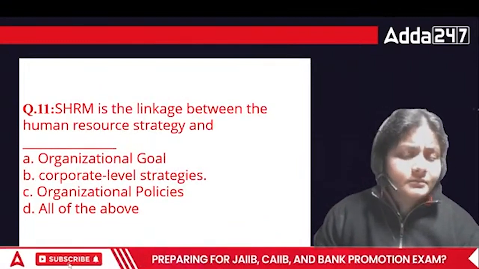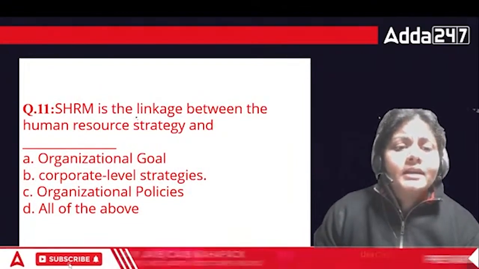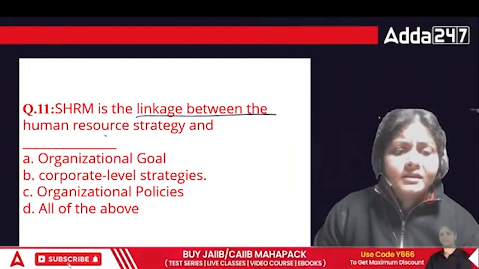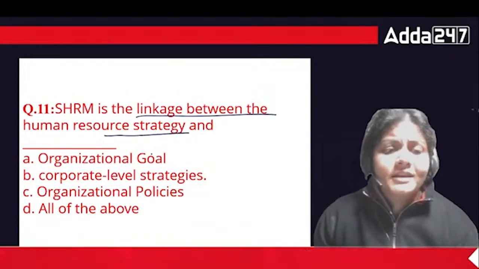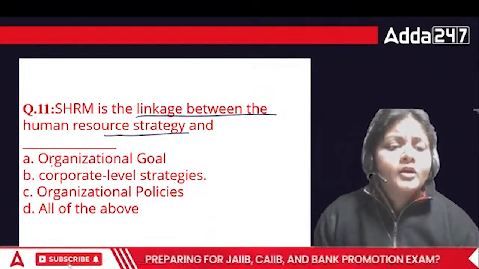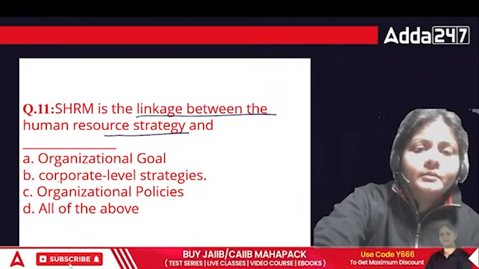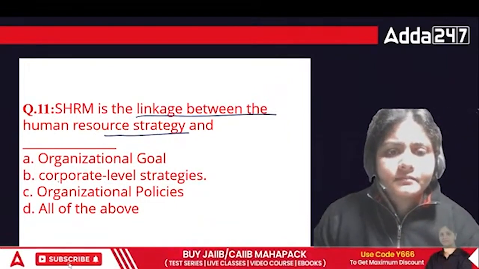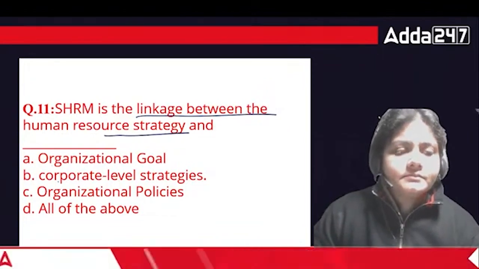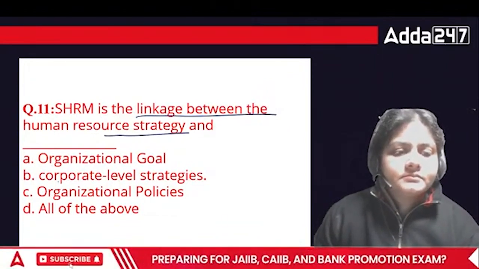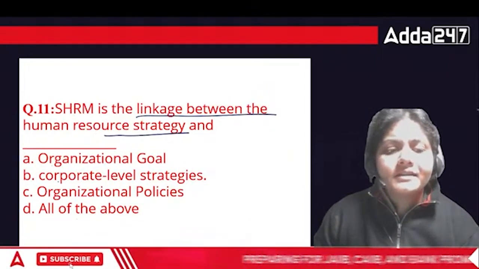Next, SHRM is the linkage between the HR strategy and option A, organization goal, corporate level strategy, policies, or all of the above. Which one is the right answer? What is the right answer exactly?